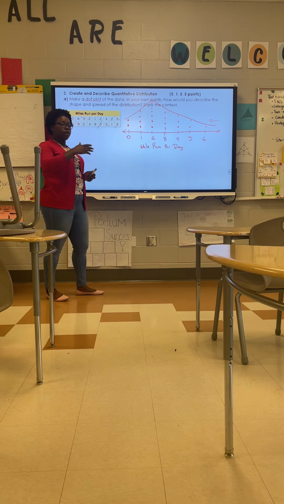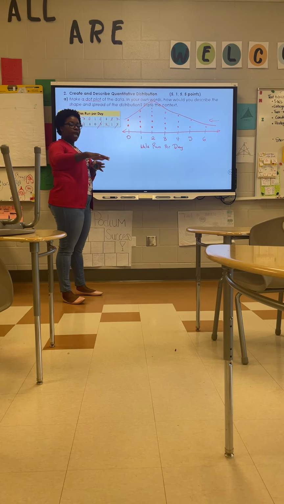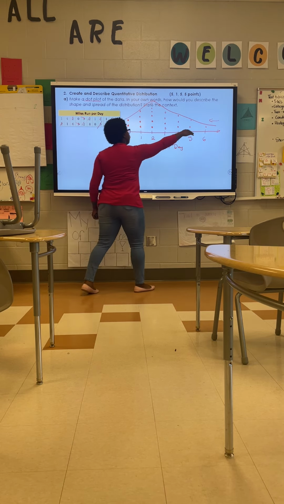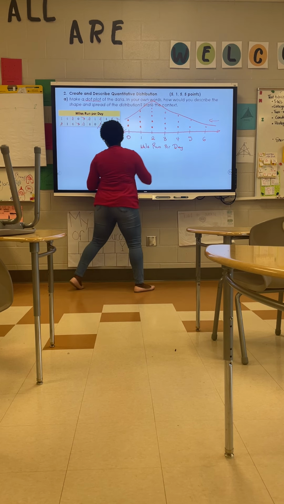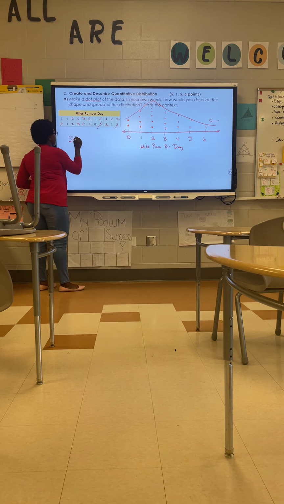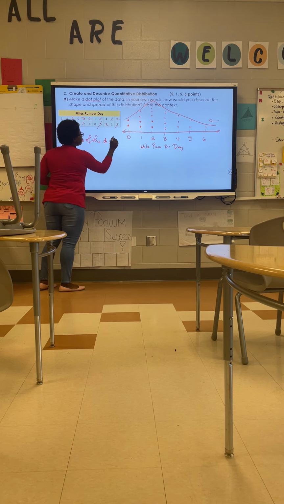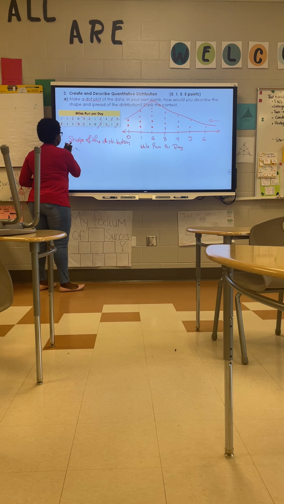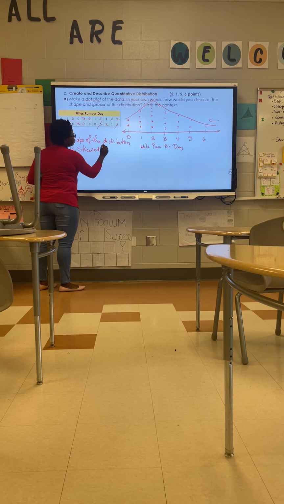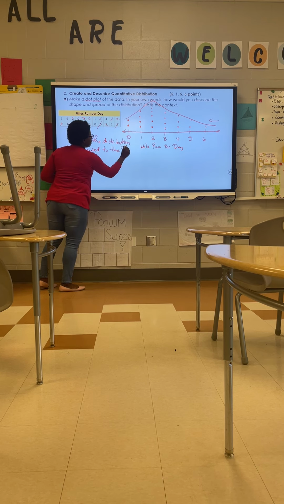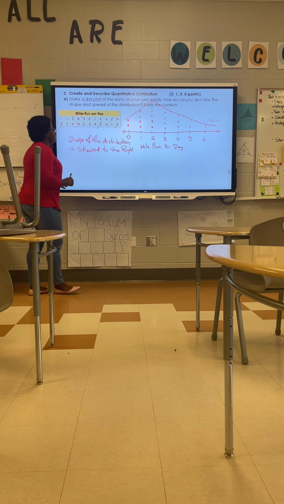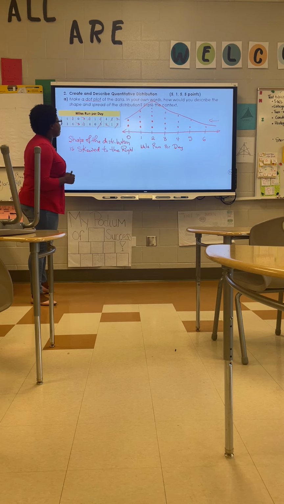The tail is where the data is kind of ending, and in this case it ends on this side, so we say it's skewed to the right. So the shape of the distribution is skewed to the right.